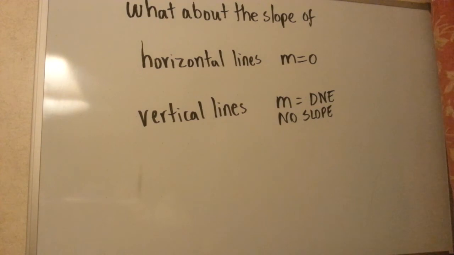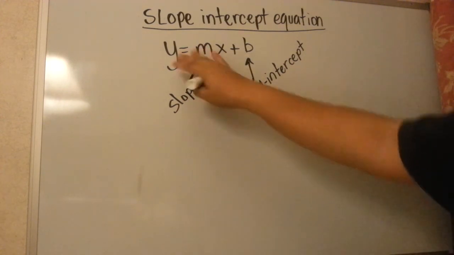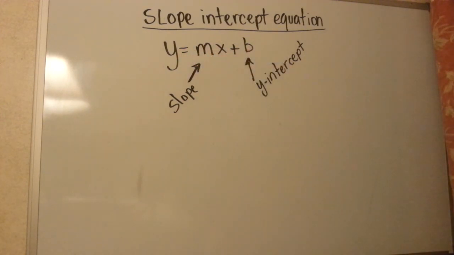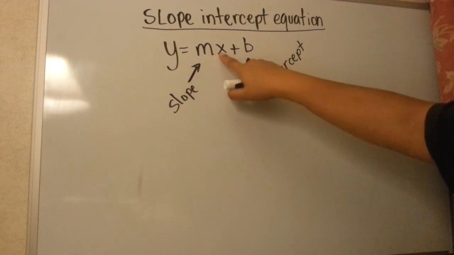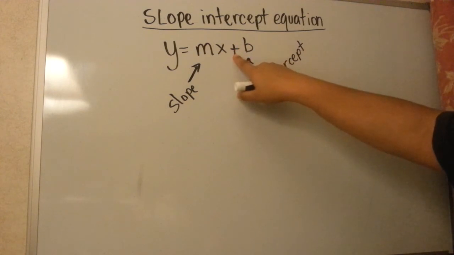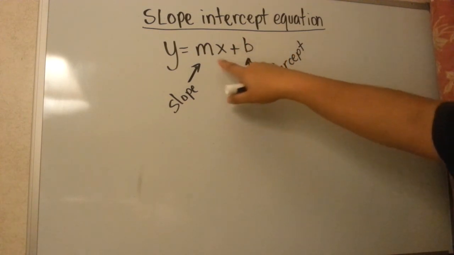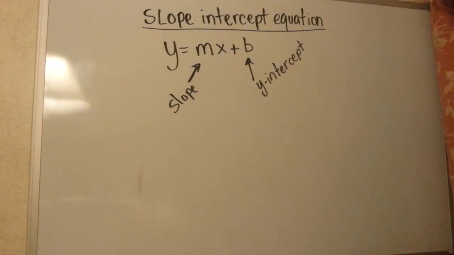Alright, this is the slope-intercept equation, y equals mx plus b. With this form, it's really easy to find your slope. Your slope is the coefficient in front of the x, and your y-intercept is that plus component. If it's just mx and there's no plus a number, then the y-intercept is 0.